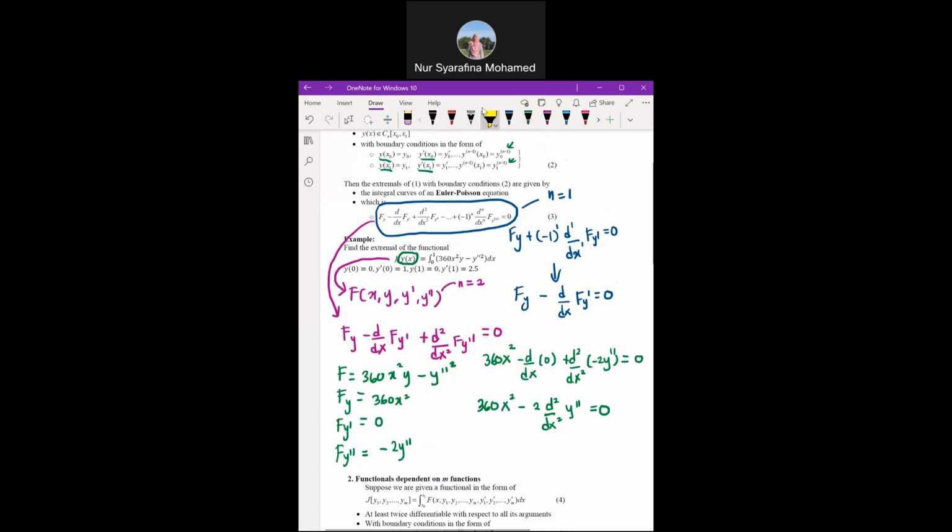Our extremal must be in terms of y(x) because the functional is given by J(y(x)). So we need to solve this to find our y(x).